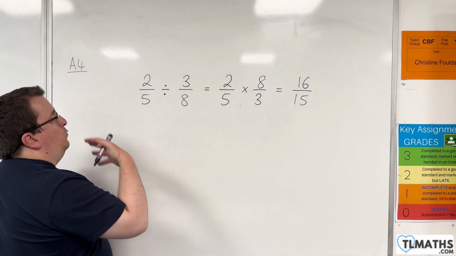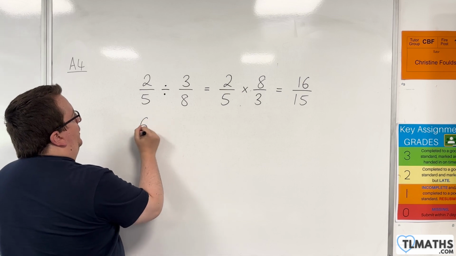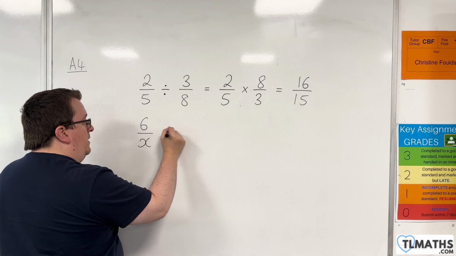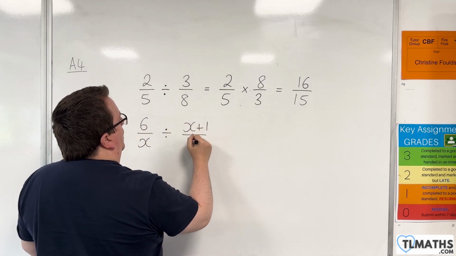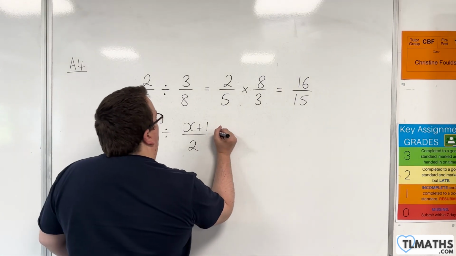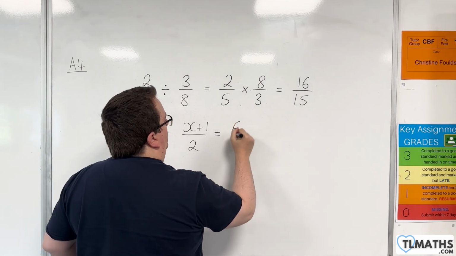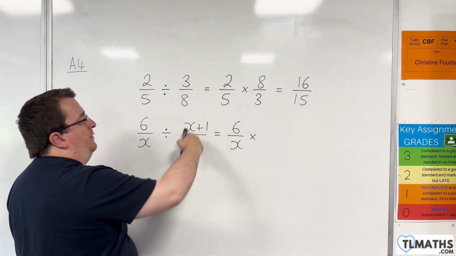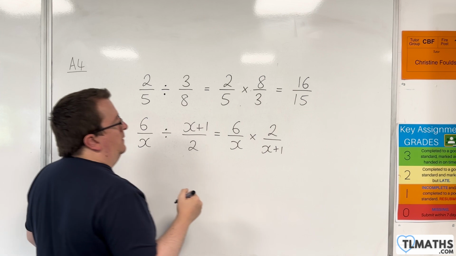So then if I was to look at an algebra example, let's say I had 6/x and I needed to divide that by, let's say, (x plus 1)/2. Then what we do is we keep the left-hand fraction as it is, and instead multiply by the reciprocal of this fraction, so 2 over x plus 1.